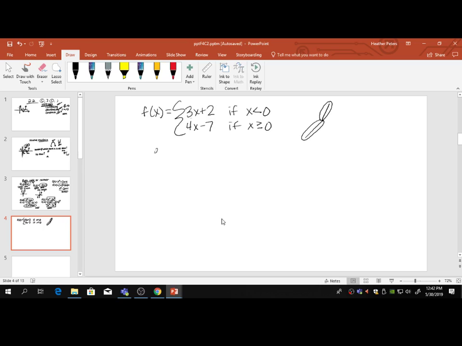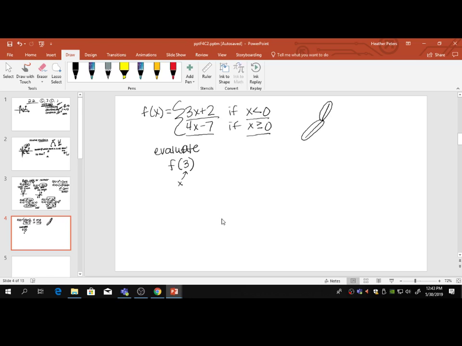So they're going to ask you to evaluate. Oops, it'd help if I could spell. So let's say I want to evaluate f of 3. Okay, so remember that this is the x value. So I'm going to use one of these functions to evaluate it. So I'm going to be plugging the 3 into one of these functions, but I have to decide which one. So that's where the domain comes into play.